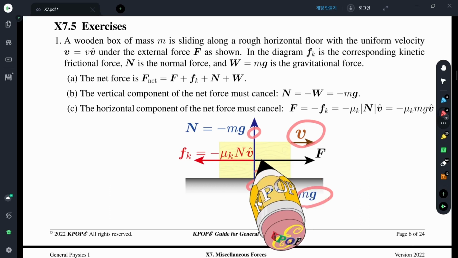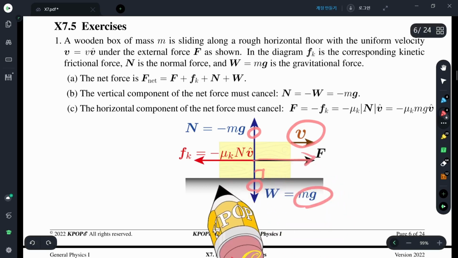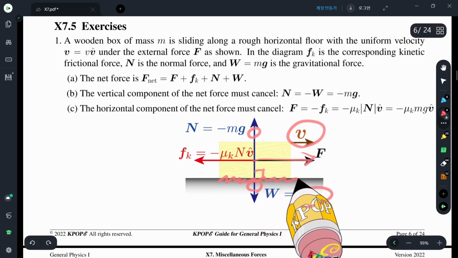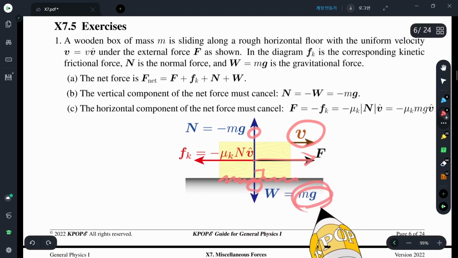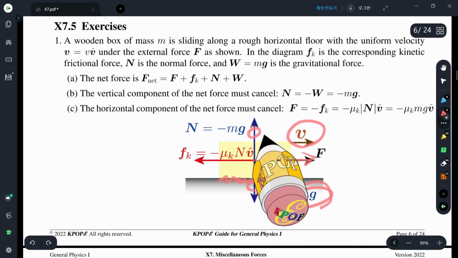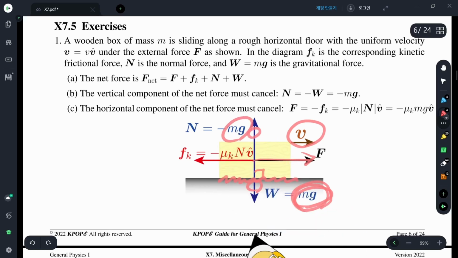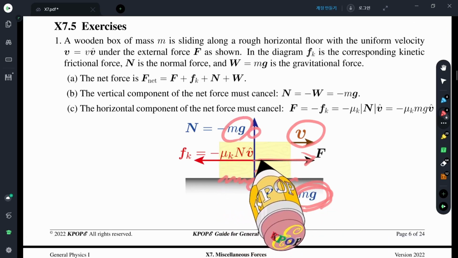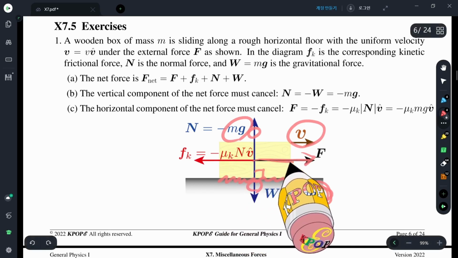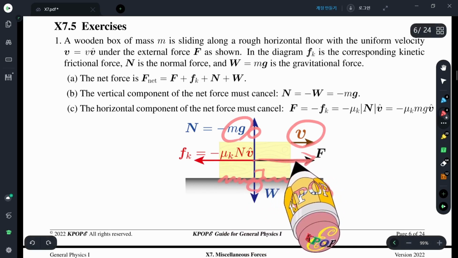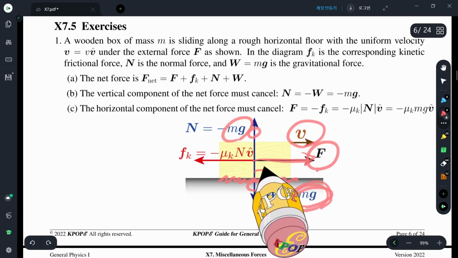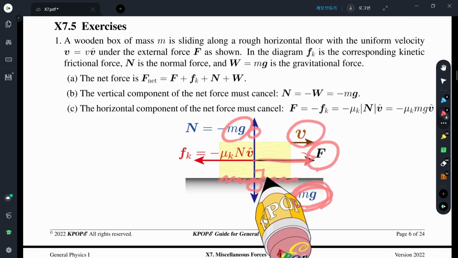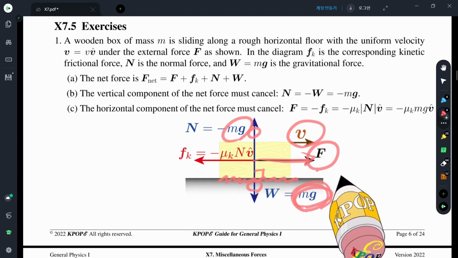But if there is some force, there is a frictional force proportional to the normal force, mg in this case, and the direction is opposite to the velocity. Suppose we have a force applied to this object that is parallel to the surface.